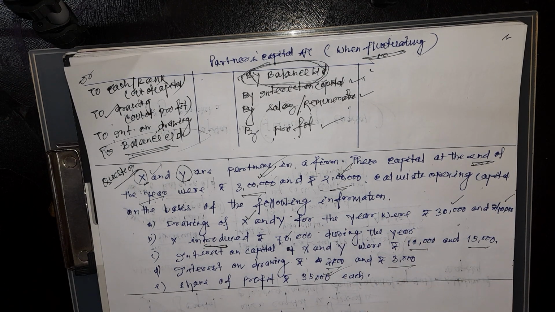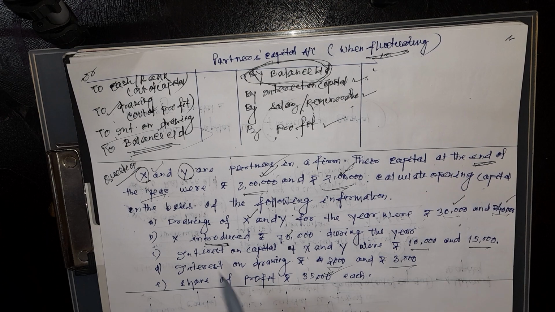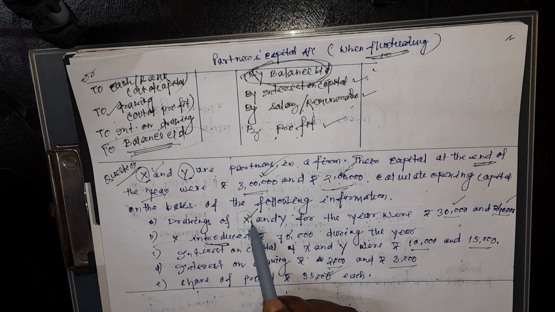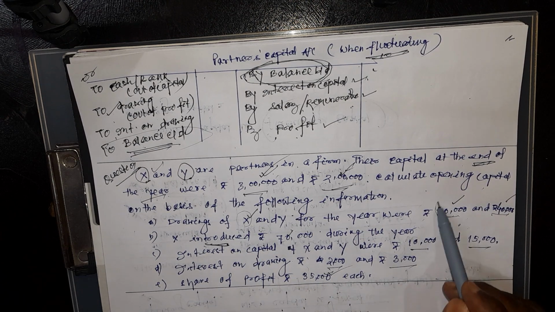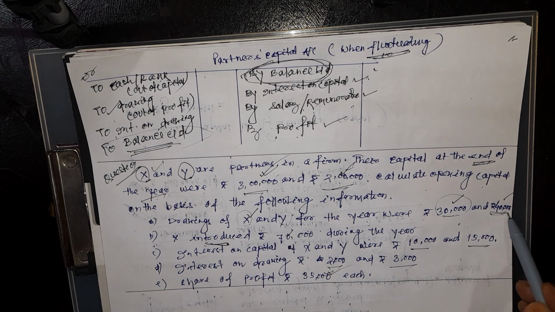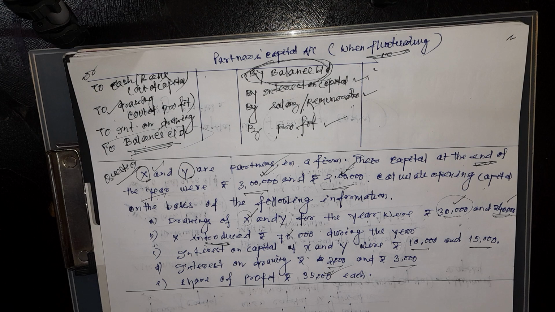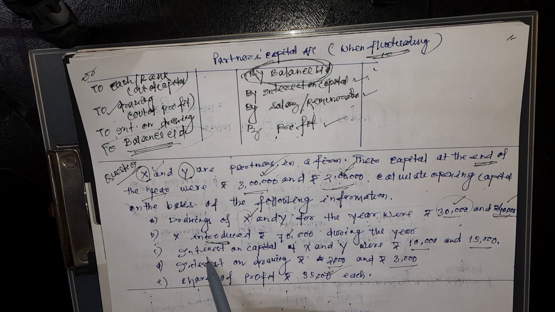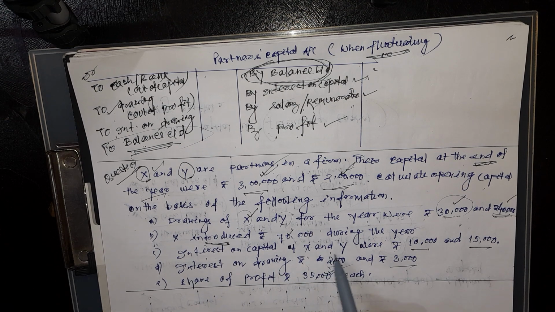So, what is the information? First, drawings of X and Y for the year were 30,000 and 40,000. That means X withdrew 30,000 during the year. Similarly, Y withdrew 40,000 for the year. Then interest on capital of X and Y were 10,000 and 15,000.